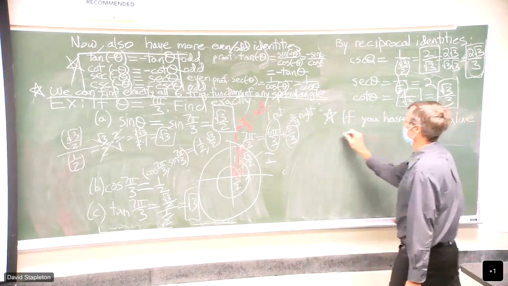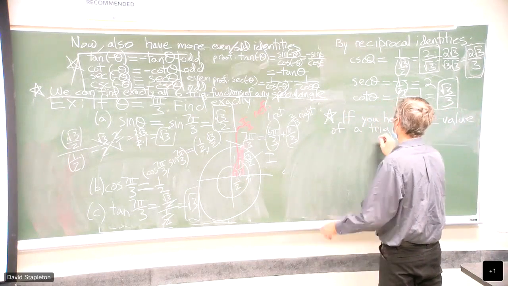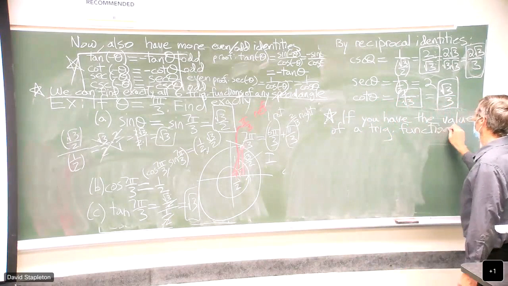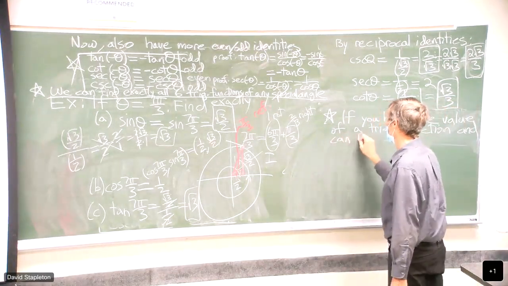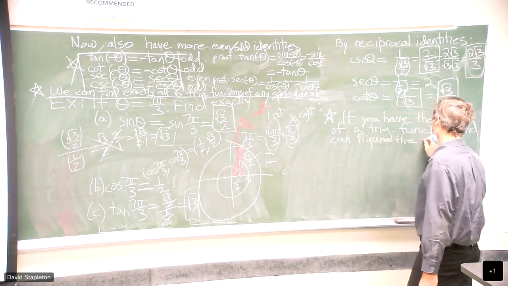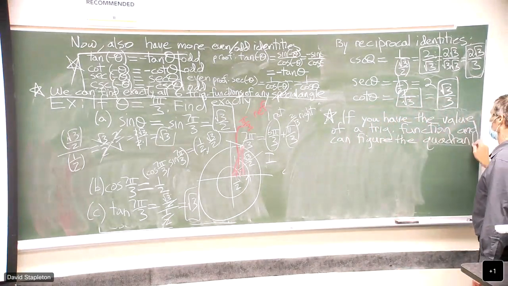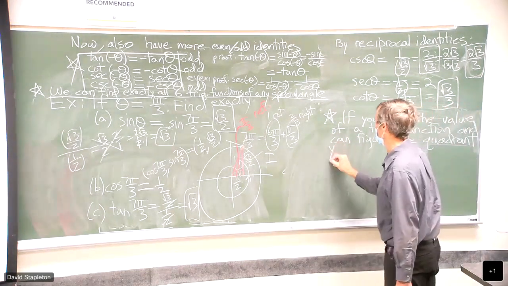Instead, if you have the value of a trig function, not its angle, any angle whatsoever, if you know the value of one of the 6 trig functions, and can figure by the information given the quadrant, by that I mean the quadrant of the terminal ray or the quadrant of the angle, the same thing, you can figure all 6 trig functions.